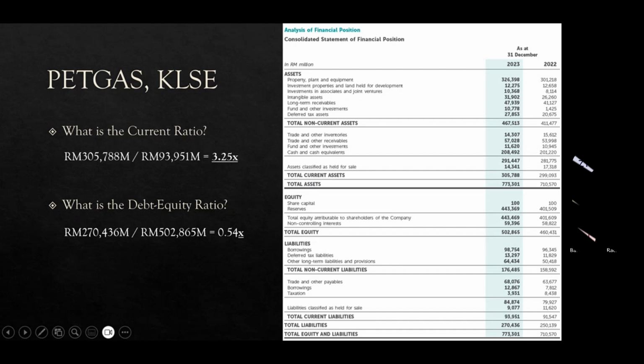If you can deploy your cash with borrowings and generate good returns, I think that's fine. But there are cases where companies are highly leveraged and then they fail eventually, and the possibility is quite high. So correct, we need to put it into context.